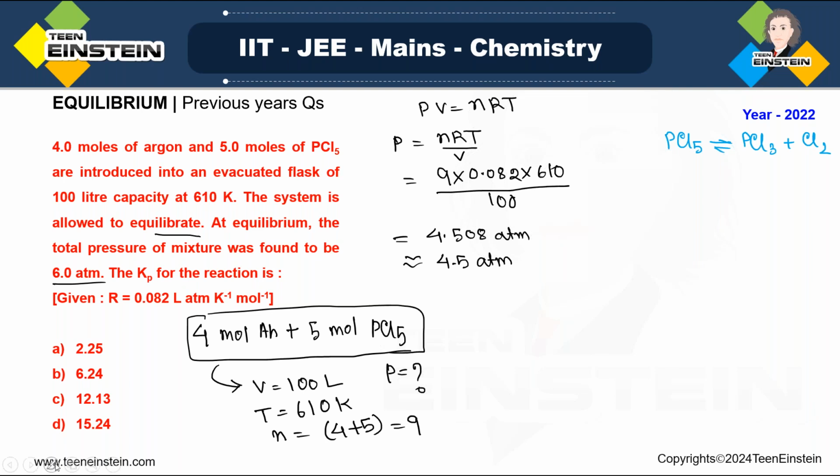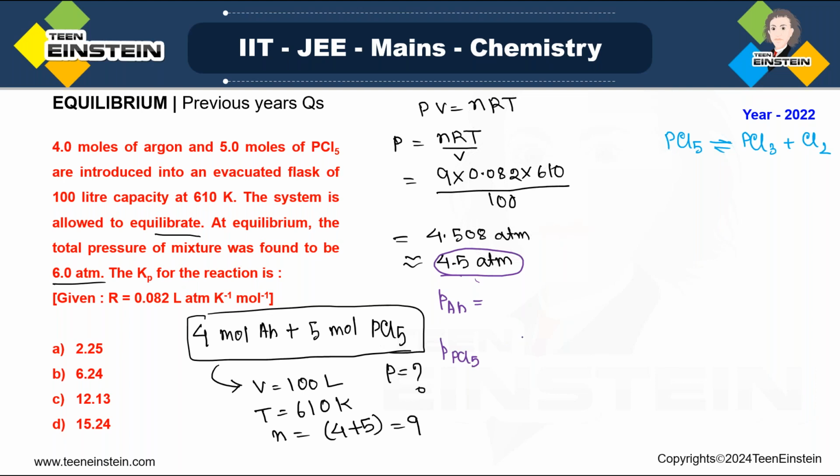Next, what we have to do, we will find out the partial pressure of PCl5 and the partial pressure of argon. Because this total pressure that you are seeing comes from the combination of argon and PCl5. So what will be the partial pressure of argon and what will be the partial pressure of PCl5, that you have to find. How will you do so?